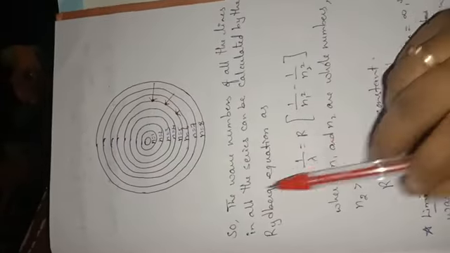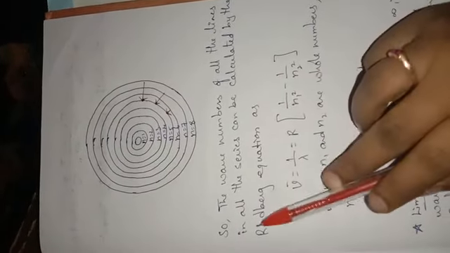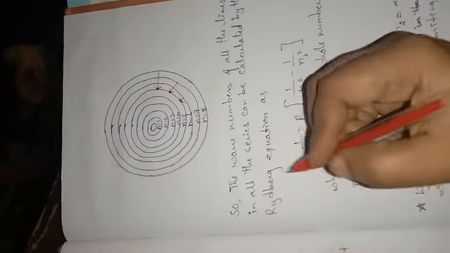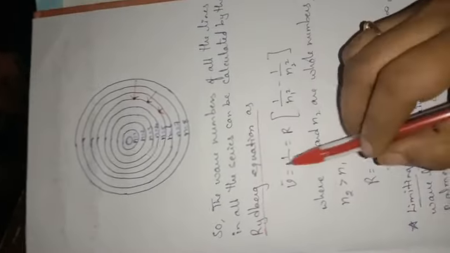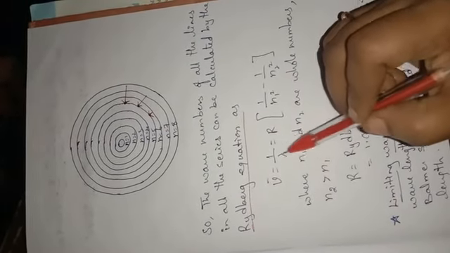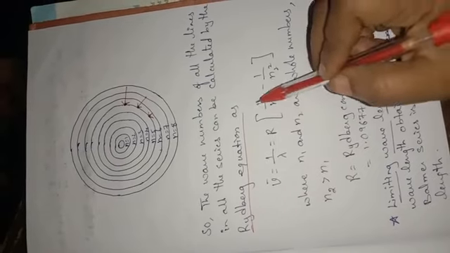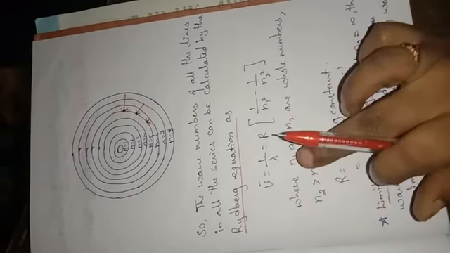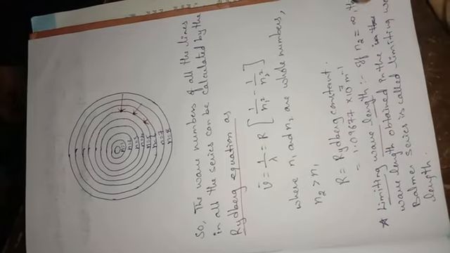So in general, the wave number of all the lines in all the series can be calculated by the Rydberg constant. I wrote R, that is nothing but the Rydberg constant. So the equation is nu bar equal to 1 by lambda equal to R into 1 by n1 square minus 1 by n2 square, where n1 and n2 are whole numbers.